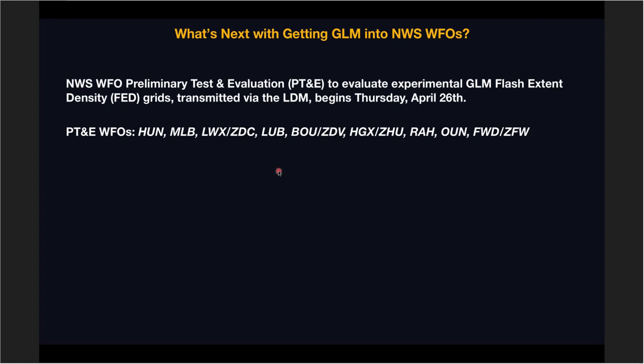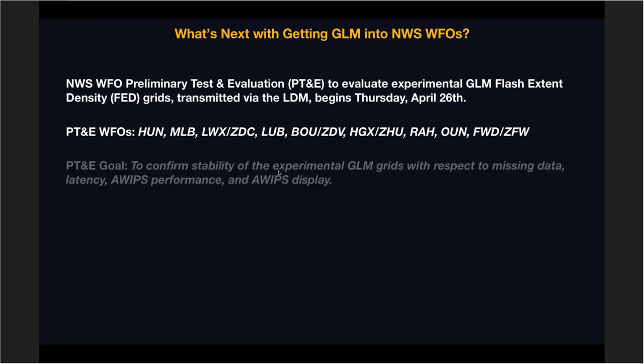They're going to look at it for about 3 weeks, and the goal over that time, as I said, is to confirm the stability of the GLM grids with respect to missing data. So if there's data dropouts, latency, are we getting to a latency of 3 minutes or more? In my opinion, that's about as much as we can get for lightning data.